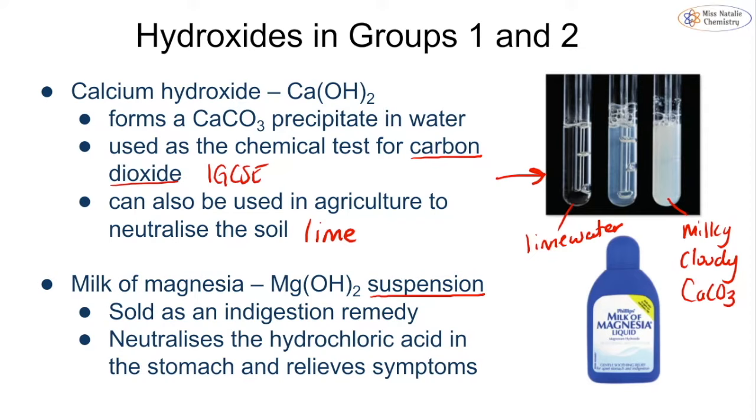And actually, this is sold as an indigestion remedy, because we have hydrochloric acid in our stomach that can sometimes become too acidic and give us pain or heartburn. If we take milk of magnesia, that is obviously going to have some alkali or basic properties. So it's going to undergo a neutralization reaction, and it is going to neutralize that hydrochloric acid and relieve the symptoms.